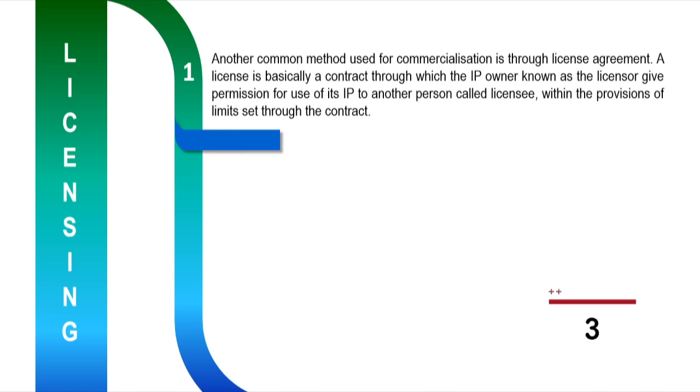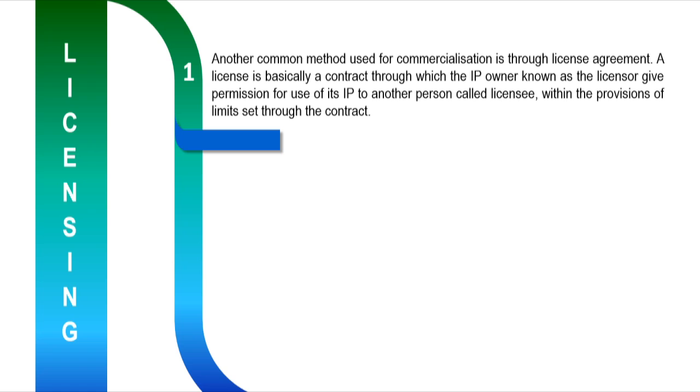The third technique is through licensing. Another common method used for commercialization is through a license agreement. A license is basically a contract through which the IP owner, known as the licensor, gives permission for use of the IP to another person, known as the licensee, within the limits set through the contract.